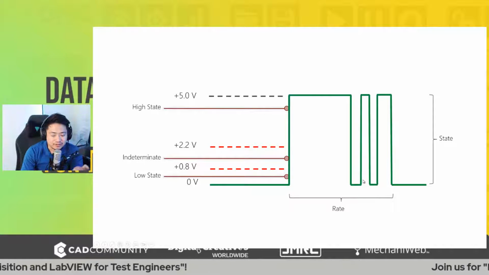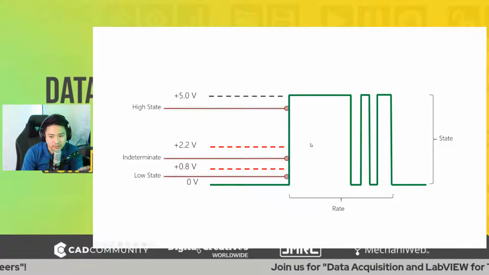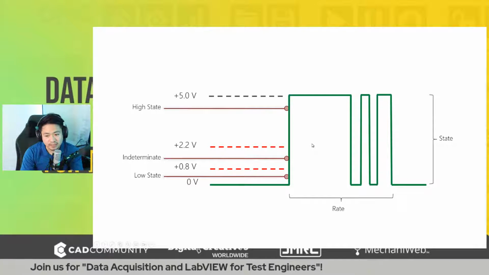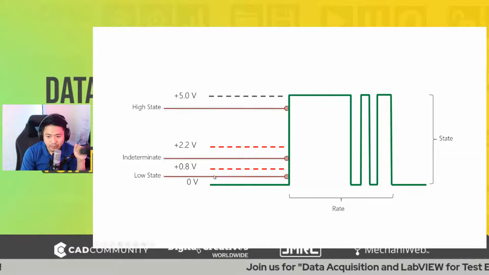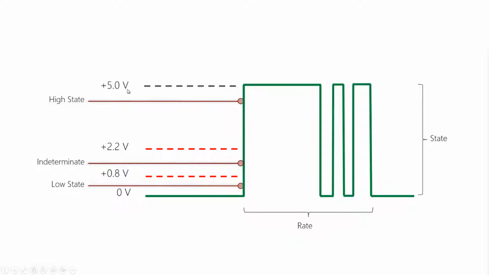An example of a digital signal is a TTL signal, or a transistor-to-transistor logic signal. The specifications for a TTL signal state that a voltage between 0 to 0.8 volts is considered logic low, while a voltage between 2.2 to 5 volts is considered logic high.